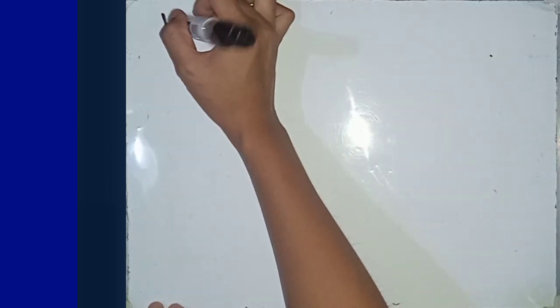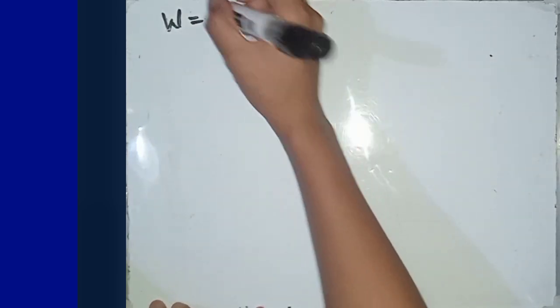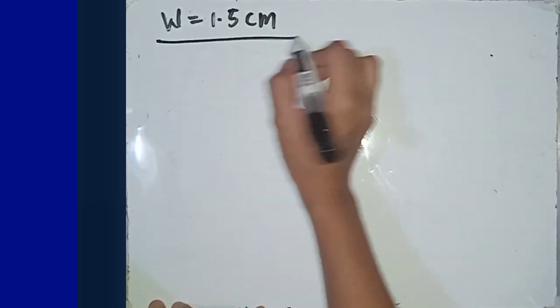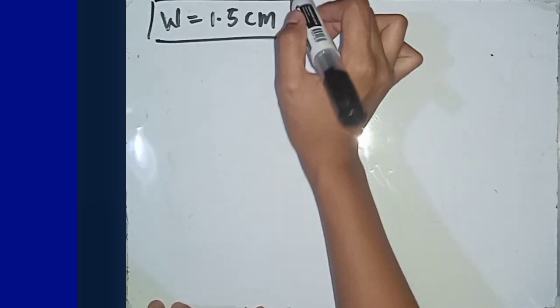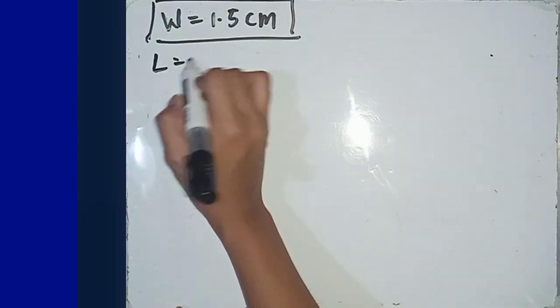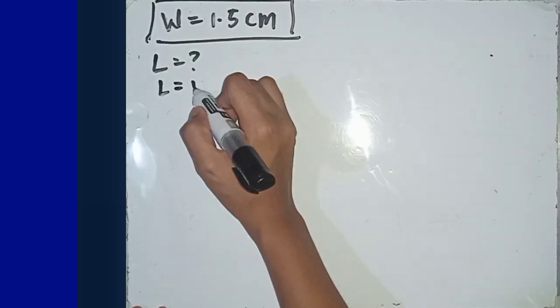Next, let's substitute the width to find the length. The width is, okay, we do have here the width already. That is 1.5 centimeters. So now we will be finding the length.